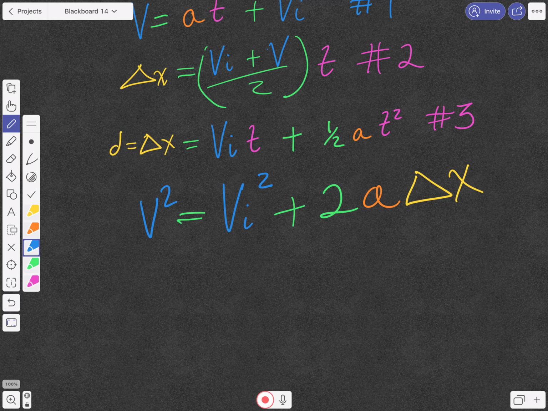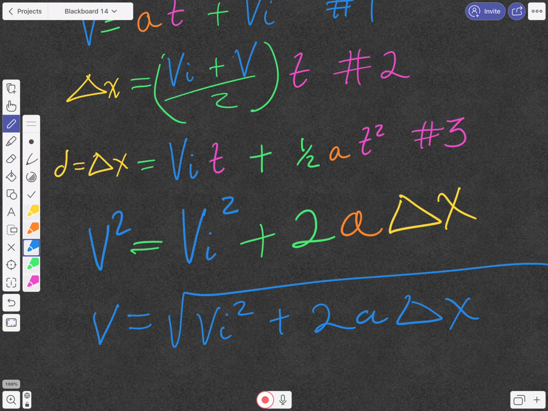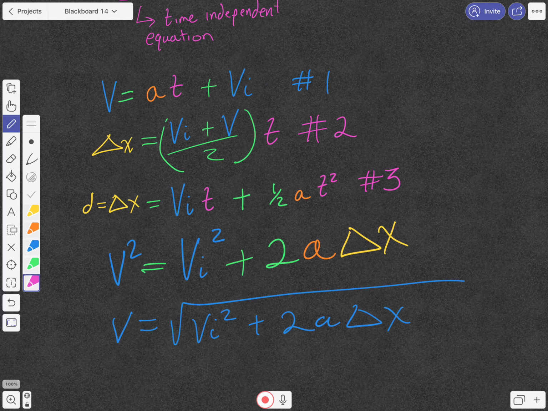And to undo this square, if you need to, it's going to be a square root over this whole thing. But this was our equation number 4, and again, this was our time-independent one.